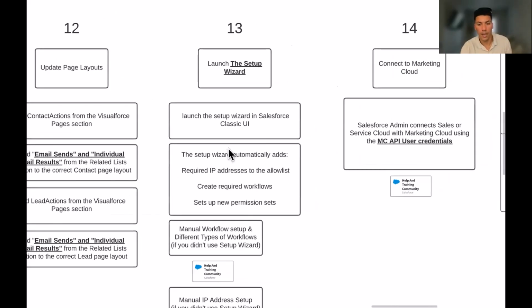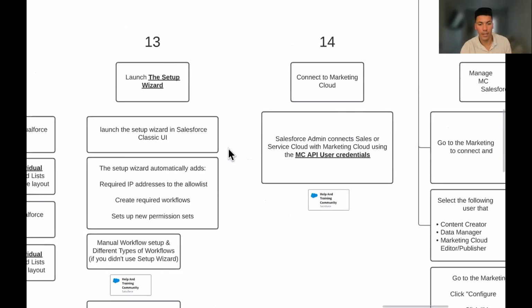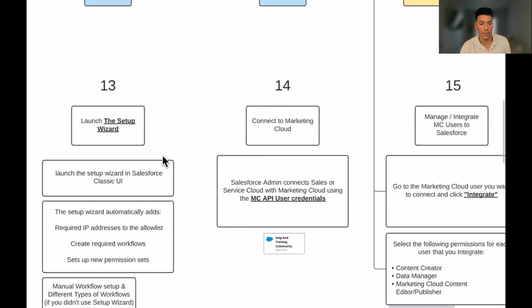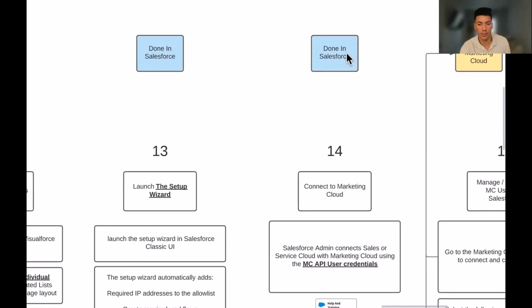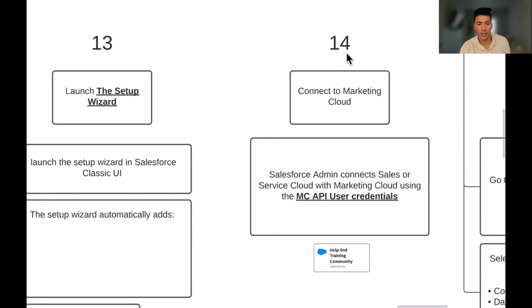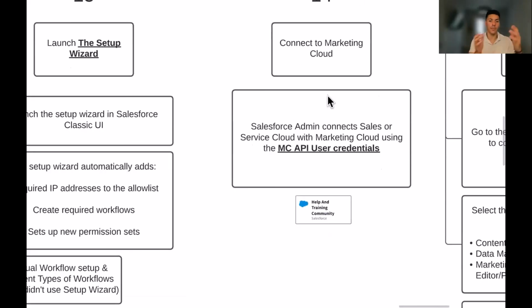So step 14, and that's done in Salesforce, step 13. Step 14 is done in Salesforce as well. You want to make sure that when you have the Marketing Cloud connector set up through the setup launch wizard, you want to go ahead and officially connect over into Marketing Cloud right from within the setup wizard.